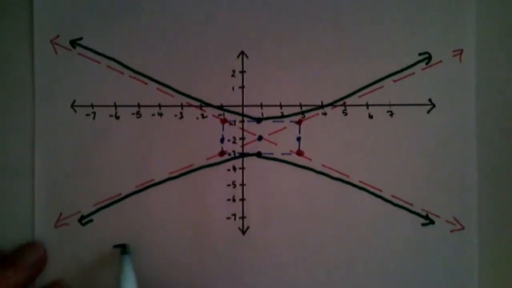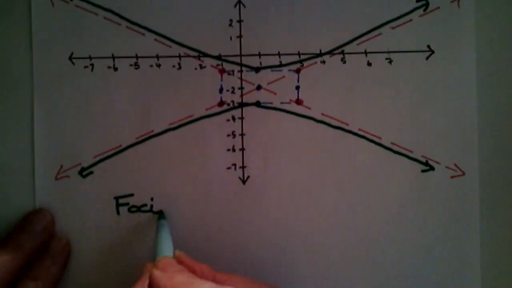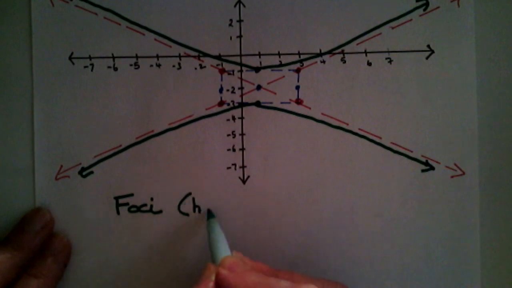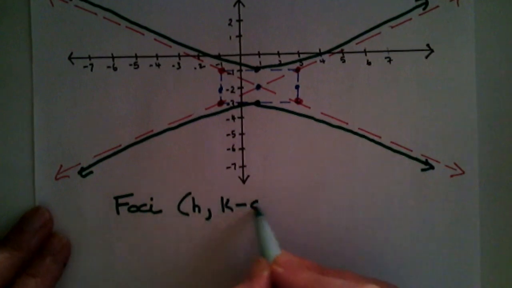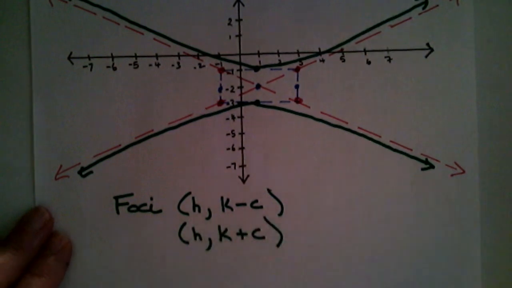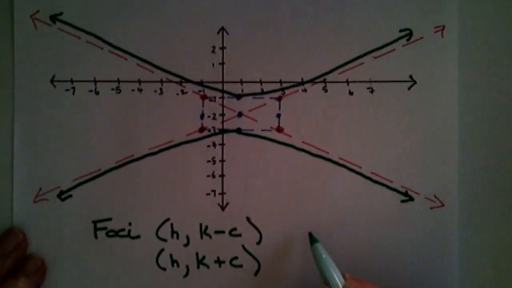Now let's find the foci, and the foci here are going to be h and k minus c, and h and k plus c. So do I know what c is? Absolutely.